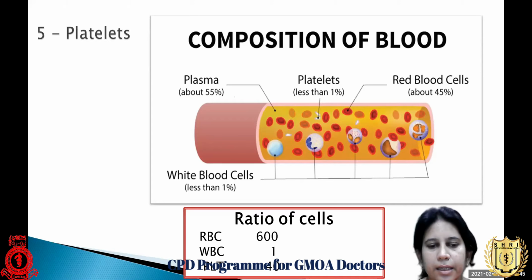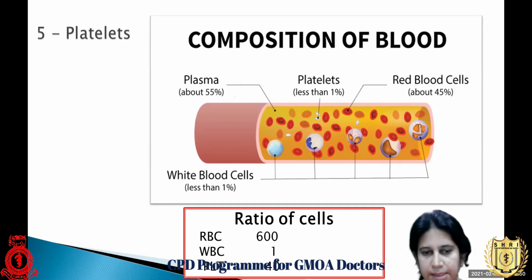So again, if you go into the ratio of cells, you can see for 600 RBCs, you have one WBC and about 40 platelets. So the point I wanted to highlight, when you compare RBCs with platelets, you have a whole lot of red blood cells in your body than the platelet count.